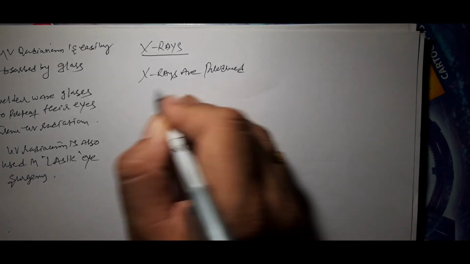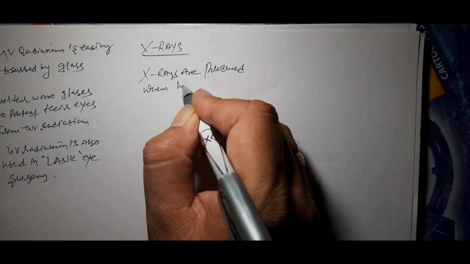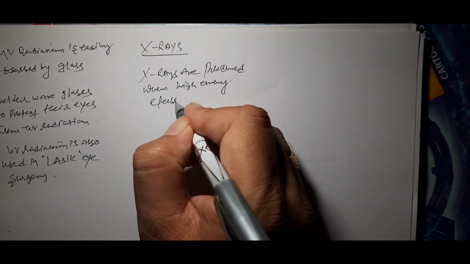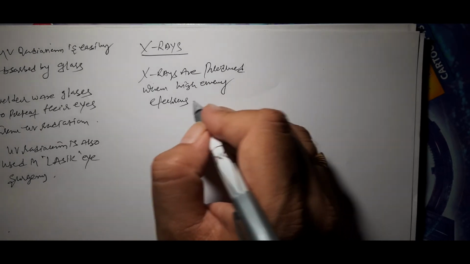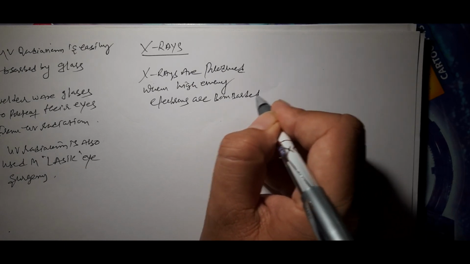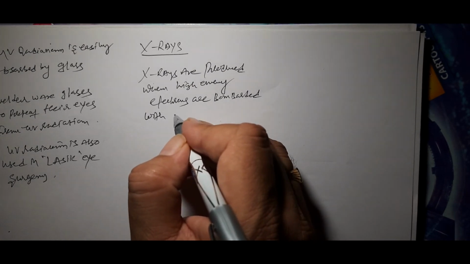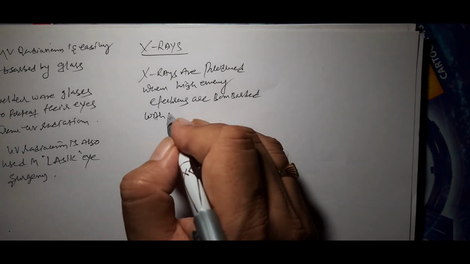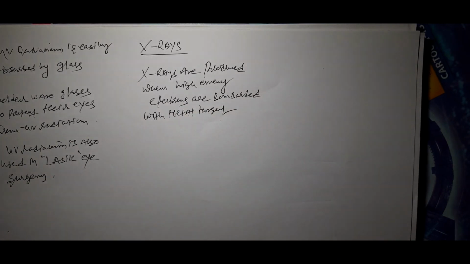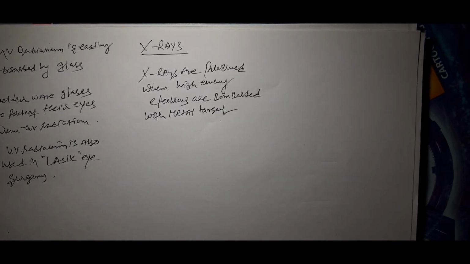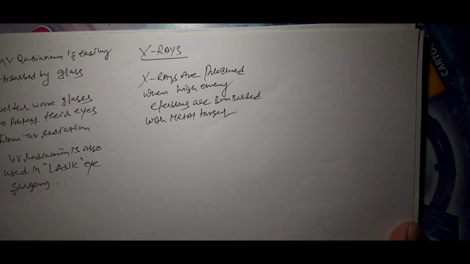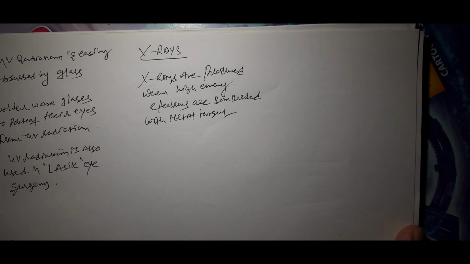X-rays are produced when high energy electrons are bombarded with a target element, a metal target. Whenever these high energy electrons are bombarded with a metal target, they lose kinetic energy. That loss in kinetic energy appears as X-rays.